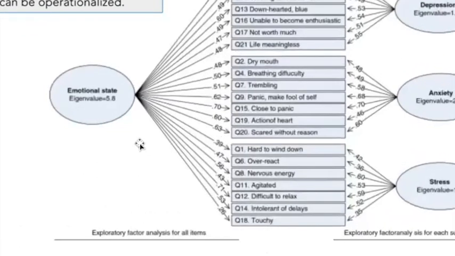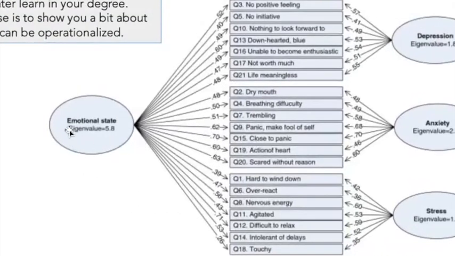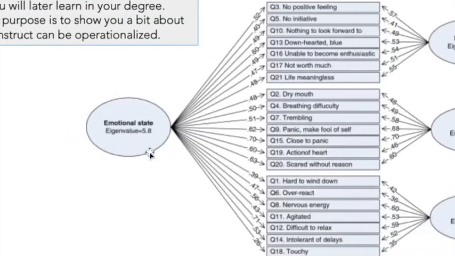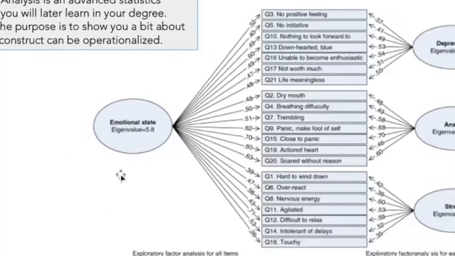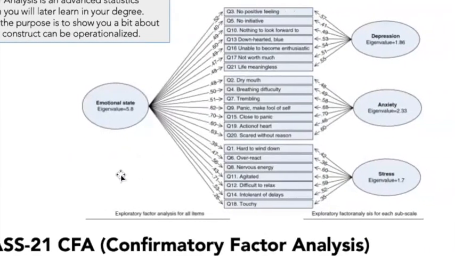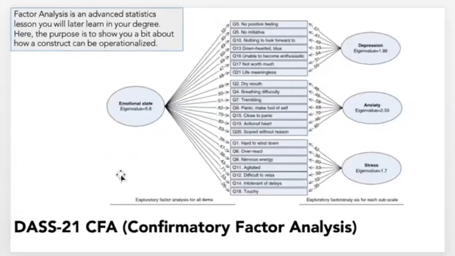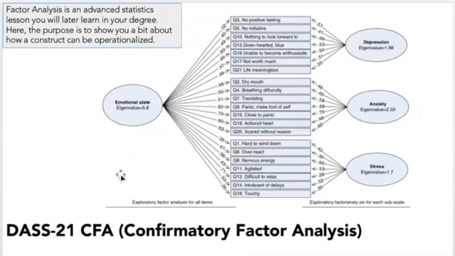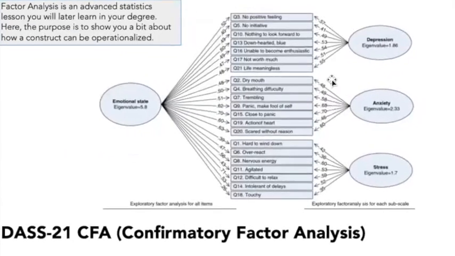Now, if you just go through this, see, here it says emotional state. This is the emotional state of a person. So, to understand the emotional state, here we are using depression, anxiety, and stress.